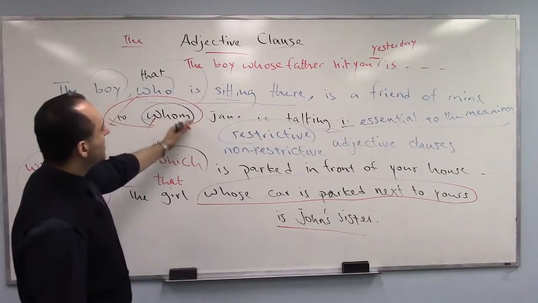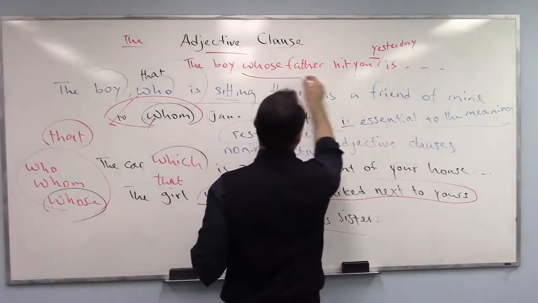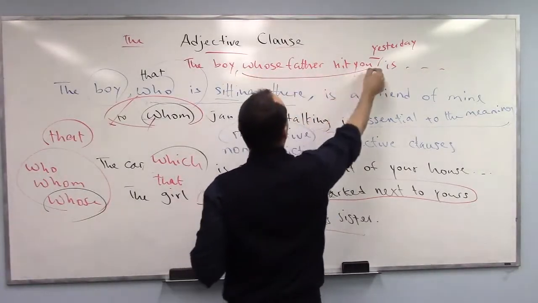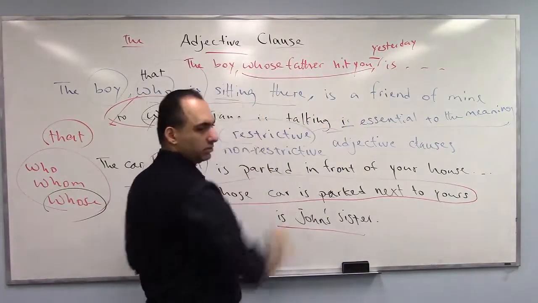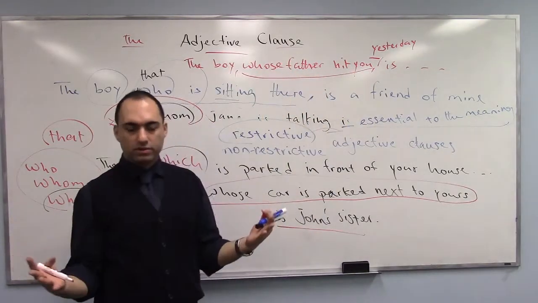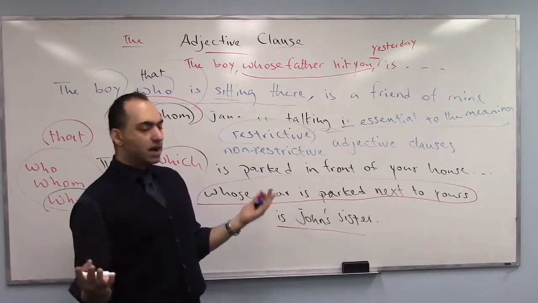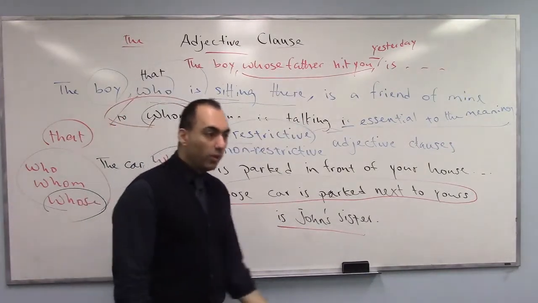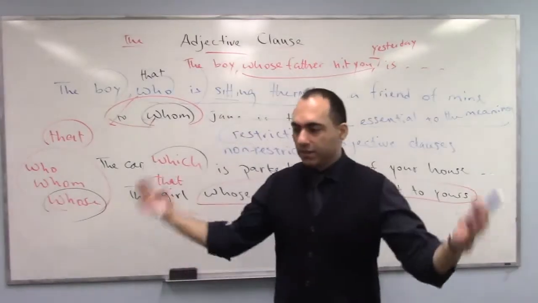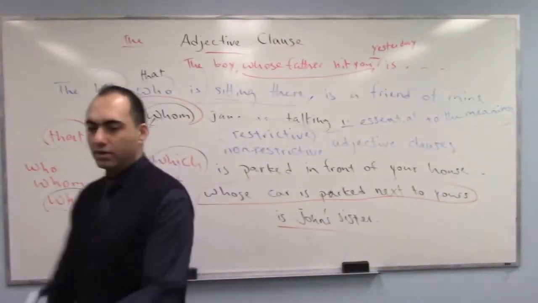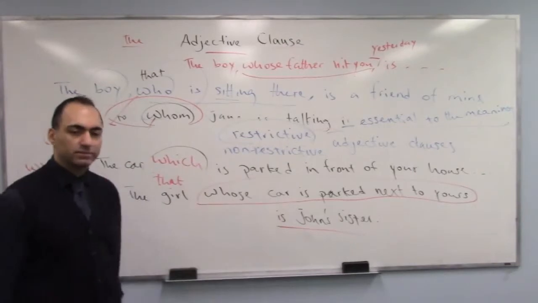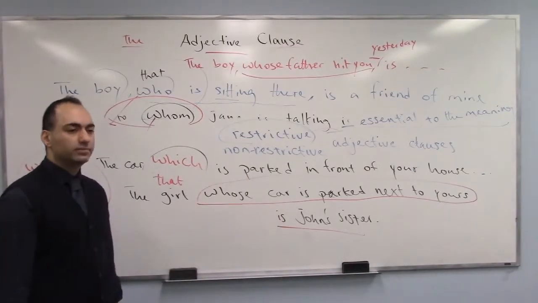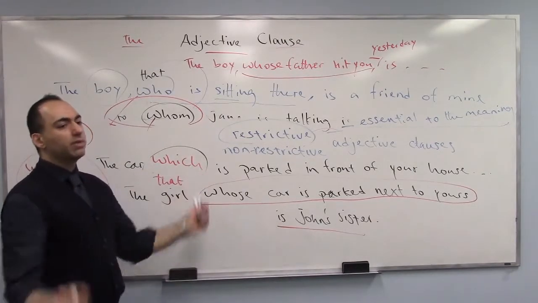So in all these sentences, this clause is describing the noun, modifying the noun, is talking about the noun. So this clause is an adjective clause. The boy, we're saying something about the boy, right? The boy whose father hit you yesterday. You can make it more complicated.